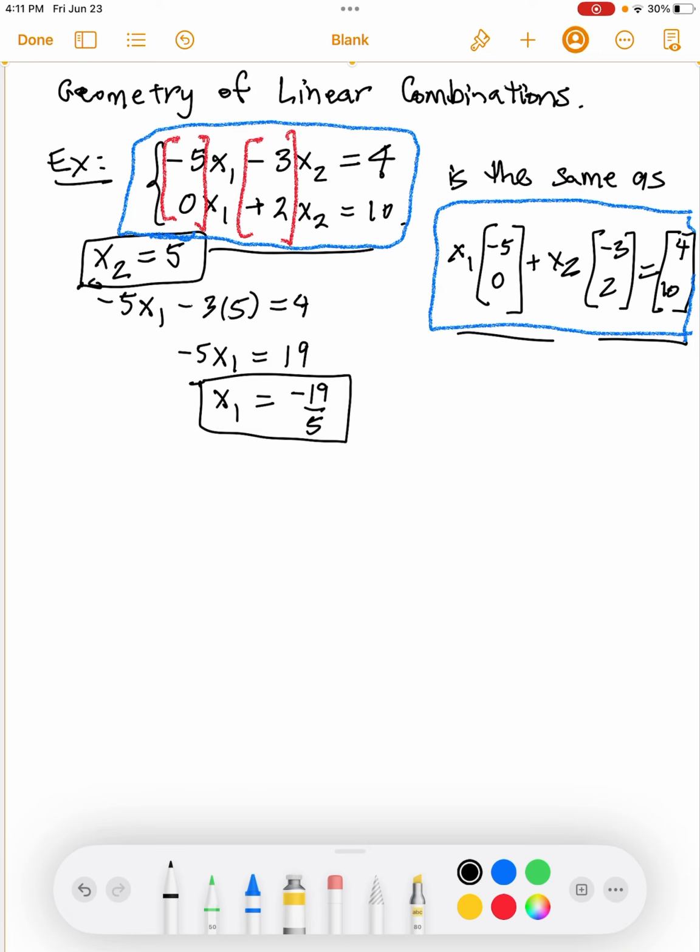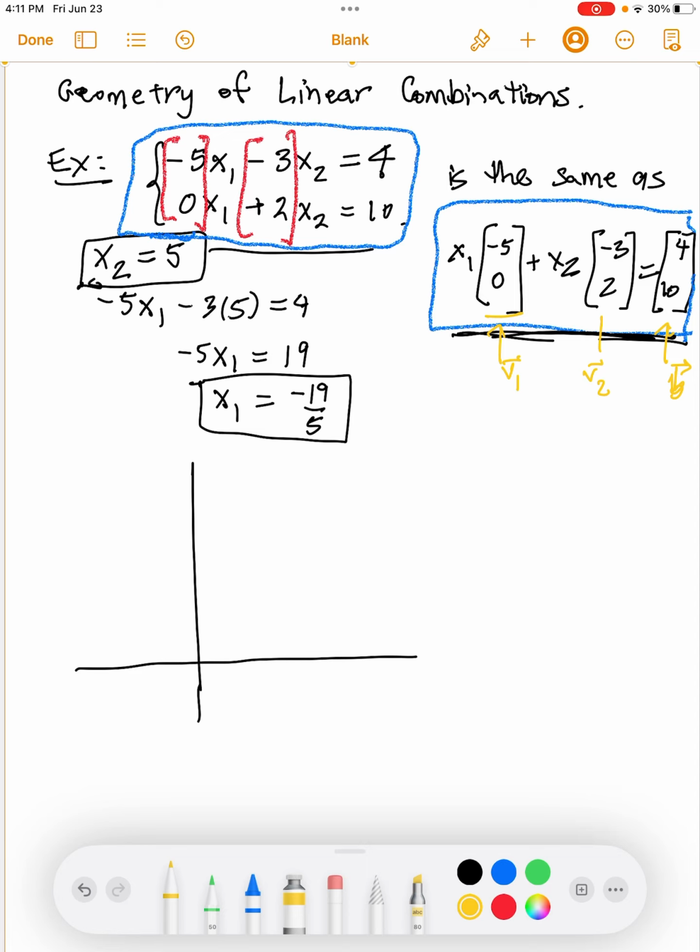So let's look at a picture. Let's look at this vector. Let's call this vector v1, and let's call that vector v2, and let's call that vector b. I'll usually use b for this kind of output vector. So where are v1, v2 and b in this coordinate system?